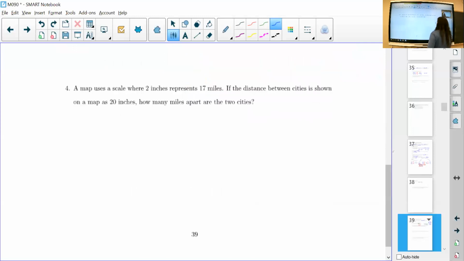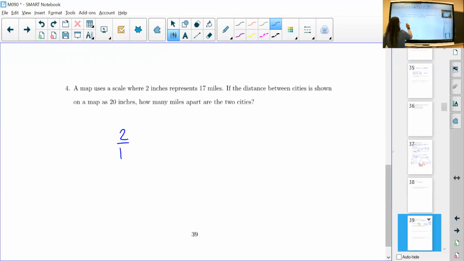Number 4, we've got 2 inches representing 17 miles. If it's 20 inches, how many miles apart are the 2 cities? So we've got a couple ways to do that. Again, whether you use the cross multiplication method or the simplification method. In this case, actually, the simplification method doesn't quite work, right? Because we have 20 inches, but I don't know how many miles apart they are.